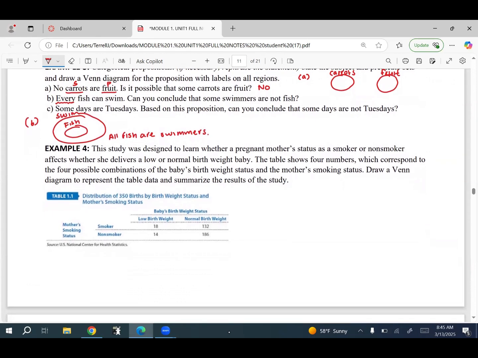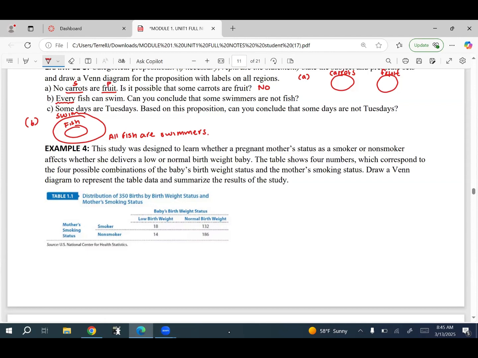So let's go ahead and look at example 4. It says this study was designed to learn whether a pregnant mother's status was a smoker or non-smoker, affects whether she delivers a low or normal birth weight baby. The table below shows 4 numbers, which correspond to the 4 possible combinations of the baby's birth weight status and the mother's smoking status.